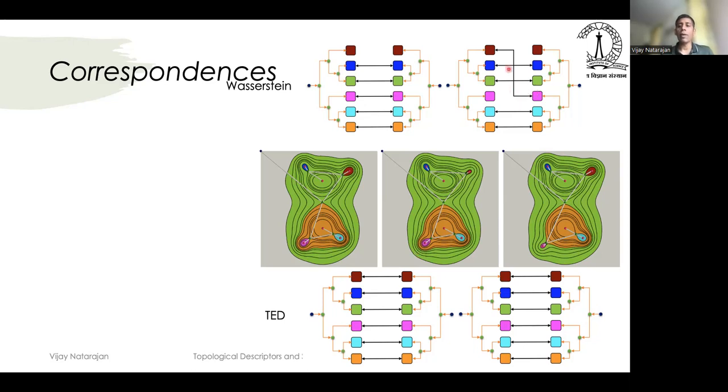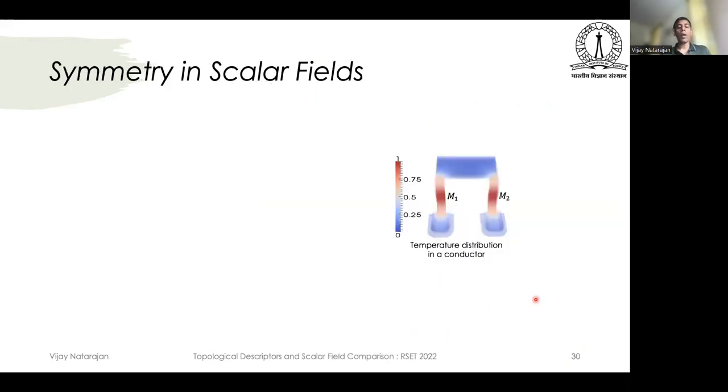So this can be fixed by considering the merge tree structure, and that's one of the reasons why TED, or MTED, is able to capture that similarity, because it further imposes the ancestor-preserving property of the correspondence.